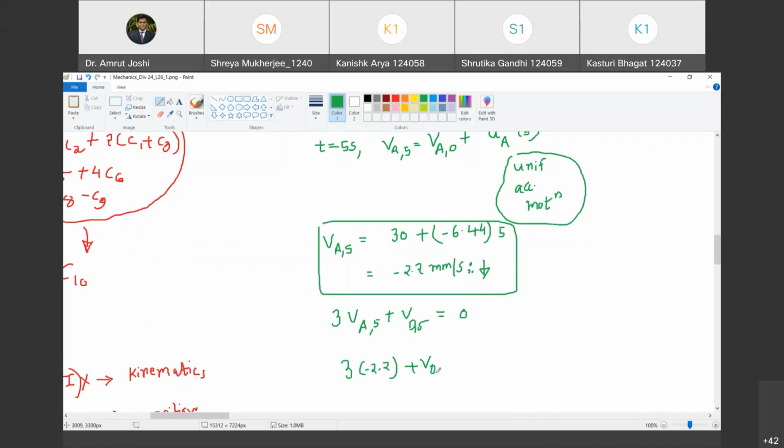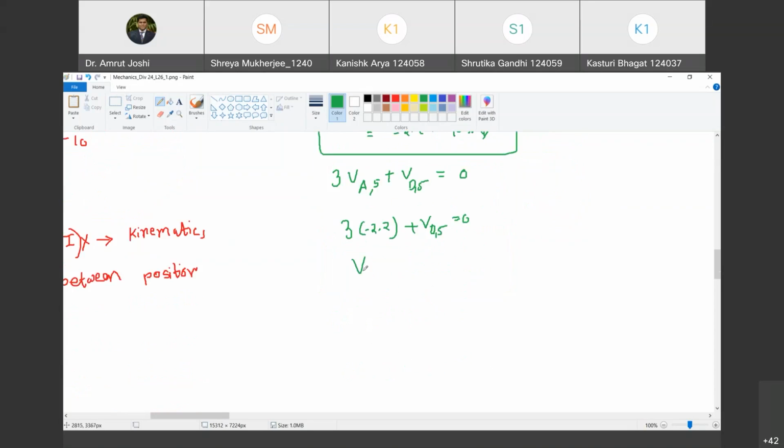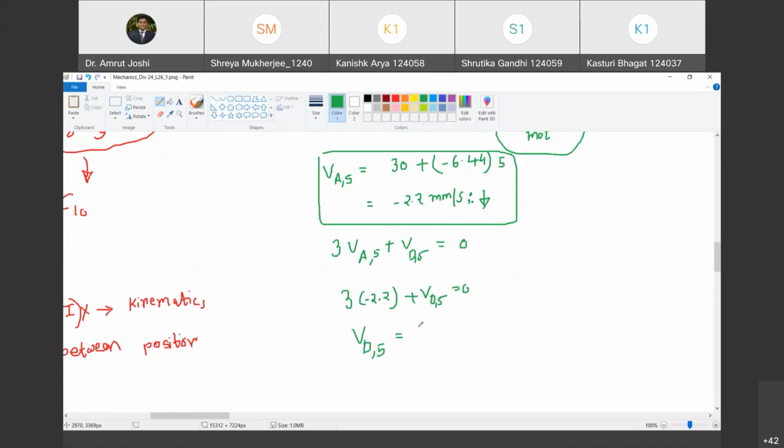So minus 6.6. VD becomes plus 6.6, sir. So the velocity of D at time t equal to 5 seconds becomes 6.6 mm per second. And as it is positive, therefore it is upward.